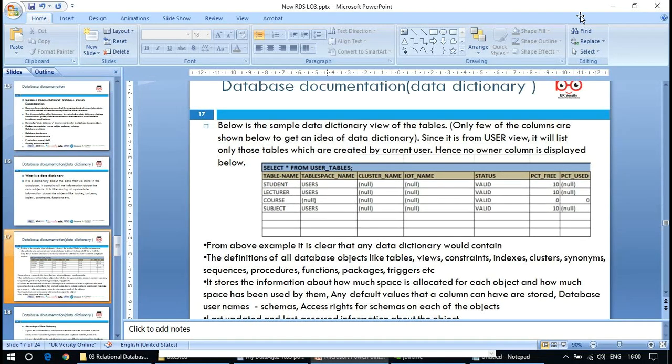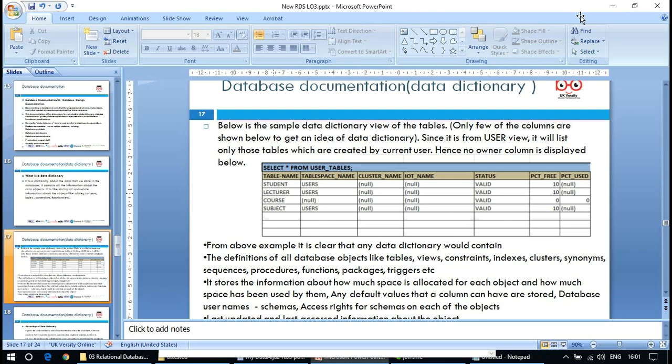So how would the data dictionary look like? It would tell you, let's say a student is a table, lecturer is a table, table space is occupied by the users, their status, their degrees, and each and every piece of information about the table, their spaces, the number of fields, and the sizes of the fields.